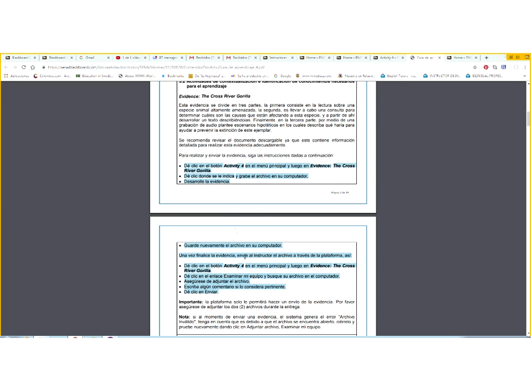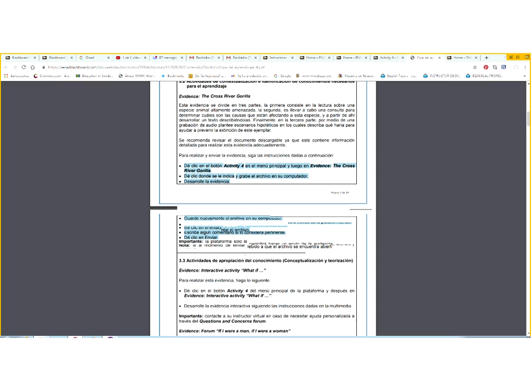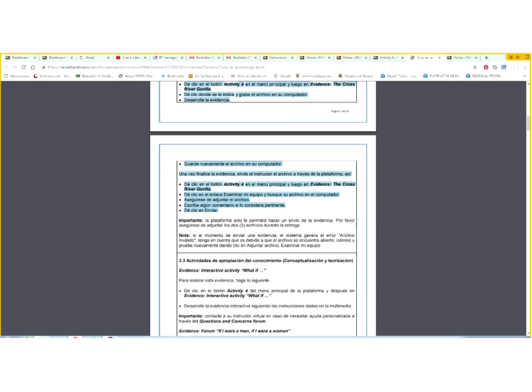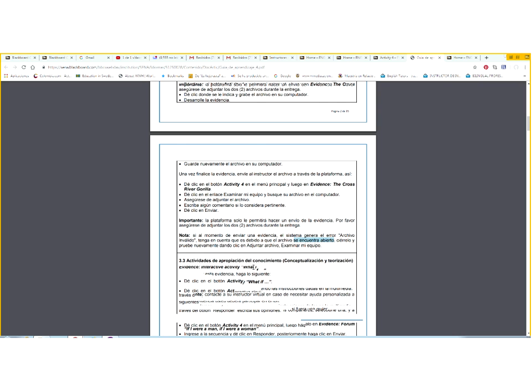So that is evidence number 1, the Cross River gorilla. Some important information, you can only send the 2 files. And this is very important, check that the document is closed. If not, the platform is not allowing you to do the activity.